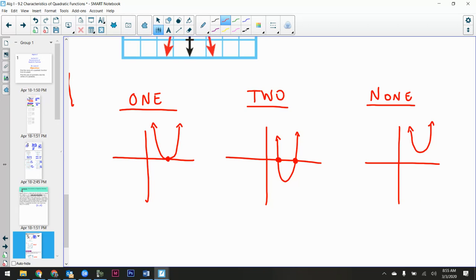Okay? Right underneath the statement, the quadratic function may have 1, 2, or no zeros. See this space?